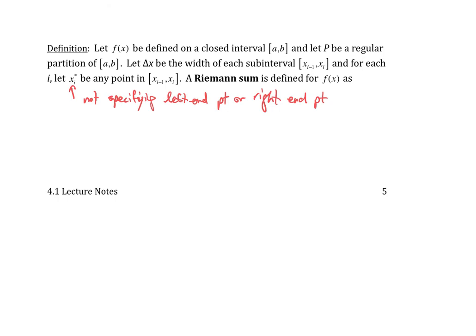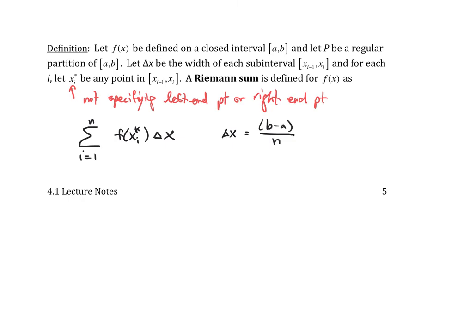And our Riemann sum is going to be the following approximation. It is going to be the summation as i goes from 1 to n. The height is going to be given by f of xi star, and the width is going to just be delta x. Okay, so just as a quick reminder, delta x, because we have a regular partition, is going to be b minus a divided by n, like so.